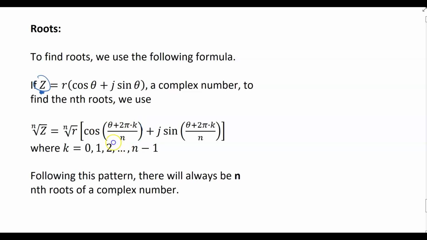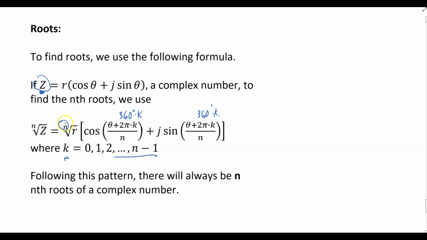Or if we are working in degrees, we would use 360 degrees times k, all divided by n, plus j sine, with exactly the same thing happening to the theta, where k is equal to the numbers 0, 1, 2, and so on, all the way up to n minus 1. This is determined by whichever root you are looking for.